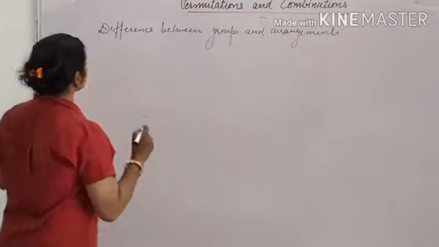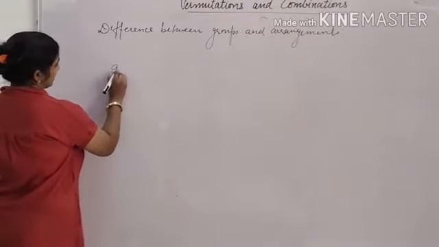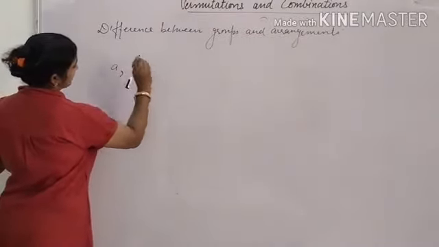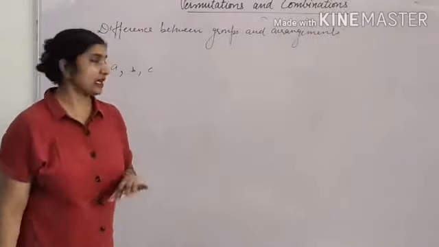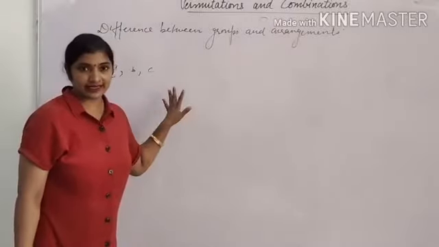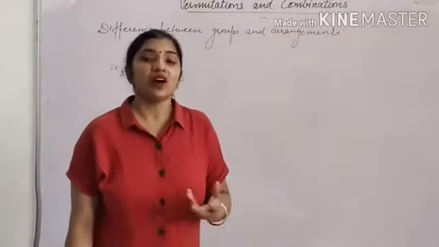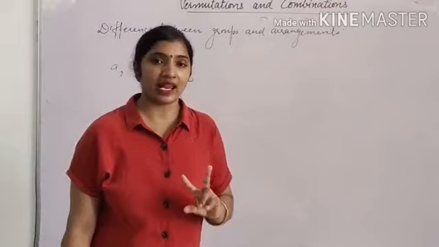Let's take an example. Suppose we have 3 alphabets A, B and C, and we want to make a group of 2 among these 3. From these 3 alphabets, we want to select 2 alphabets.